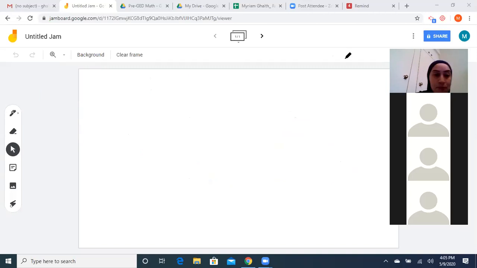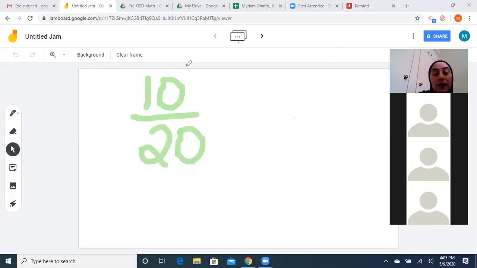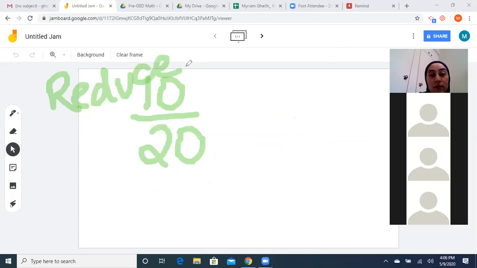All right. If I said 10 divided by 20, and I want to reduce this fraction, I say, okay, what's a number divisible by both?